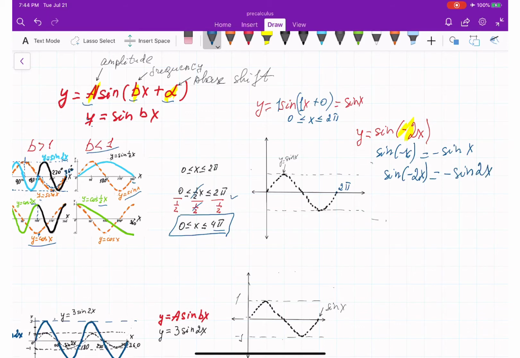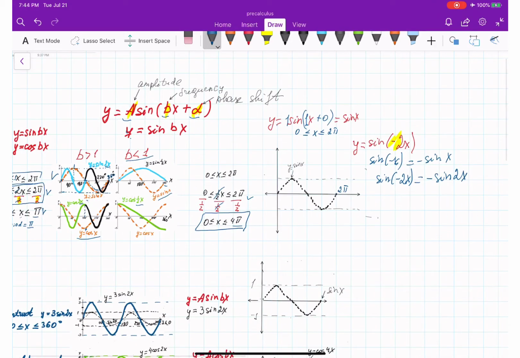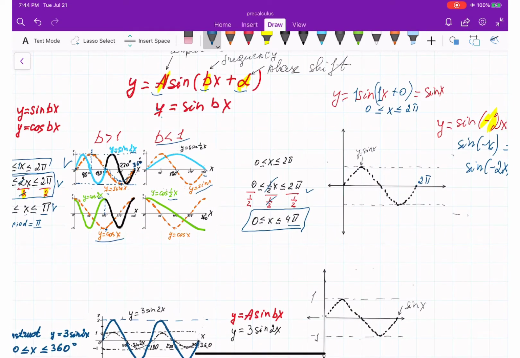All right, so when we have 2x, that means within this 2 pi period, we are going to fit 2 waves, right? Instead of 1. Let's see. Wish me good luck so I can draw it normally, so I don't get messed up. All right. So with these black dashes, I have sine x.